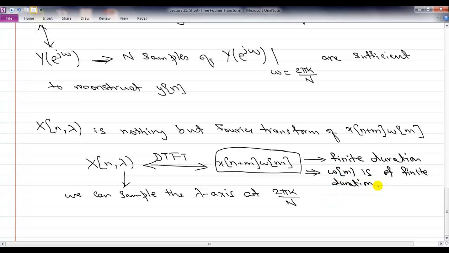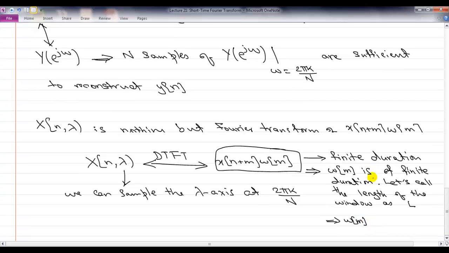Let's call the length of the window L. This means that w[m] is equal to 0 for all m that don't belong to 0, 1, up to L minus 1.